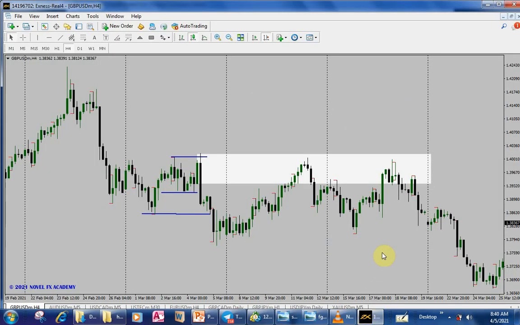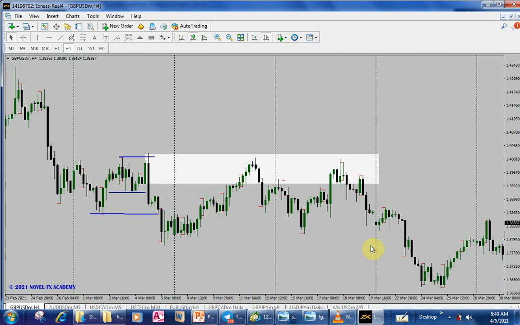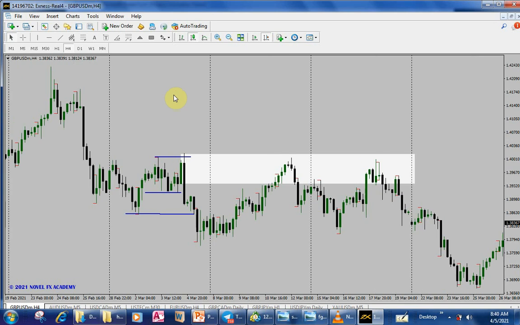Okay, guys, welcome. I want to show us a scenario of a high probability bearish OB. So like I said, number one, the first criterion we want to see is that you must understand we want to be in a bearish momentum, a bearish trend.